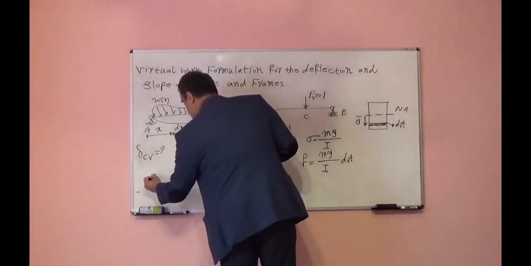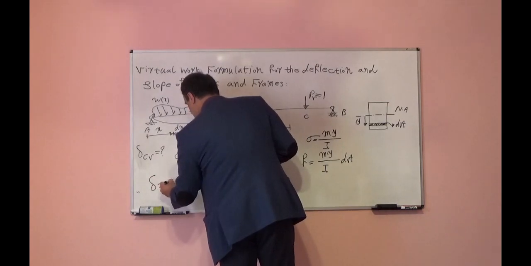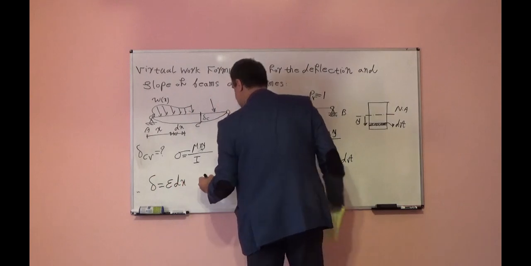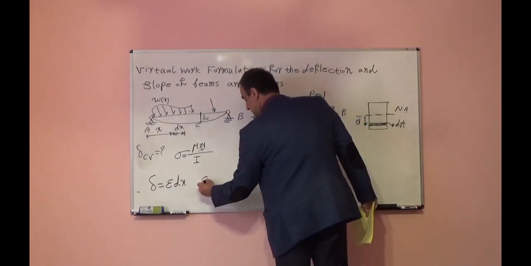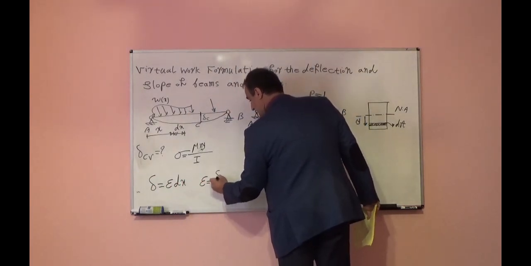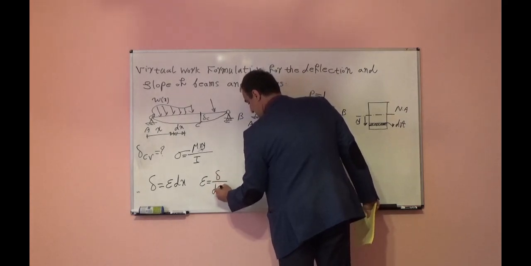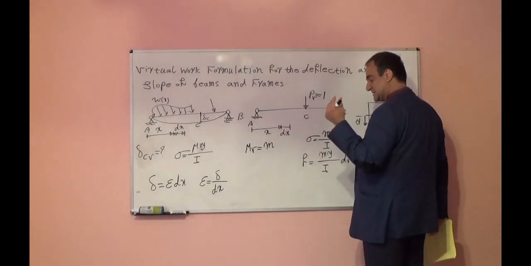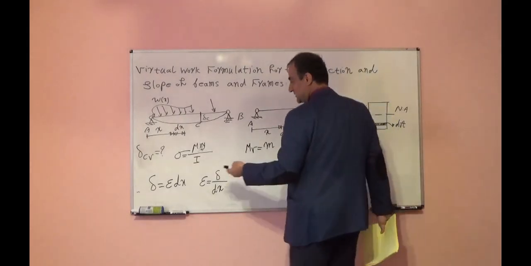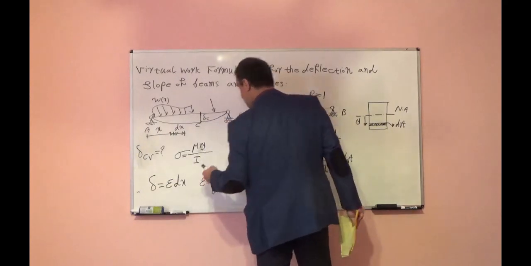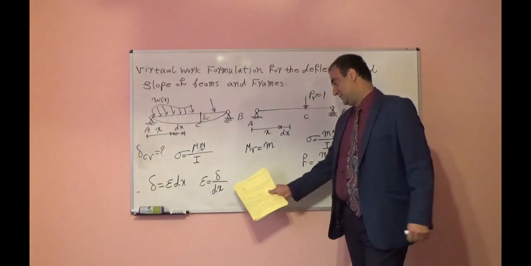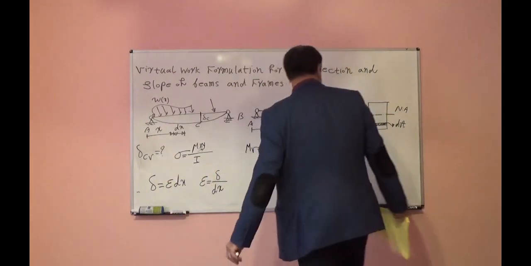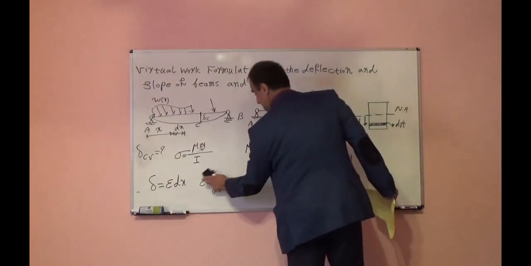Elongation or deformation is equal to epsilon times dx, because we know strain is equal to deformation divided by initial length. The initial length for this segment is dx. If we assume the deformation is delta, delta divided by initial length dx will be epsilon, or I can write delta is equal to epsilon times dx.